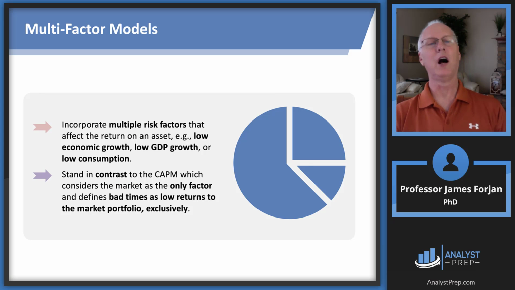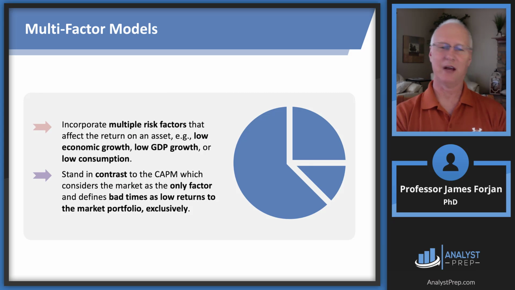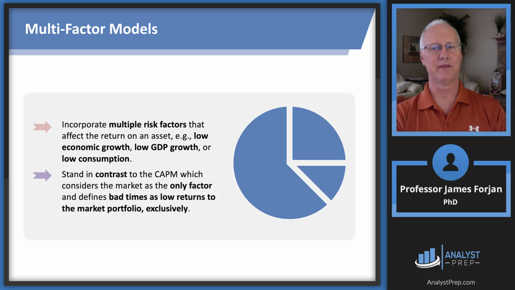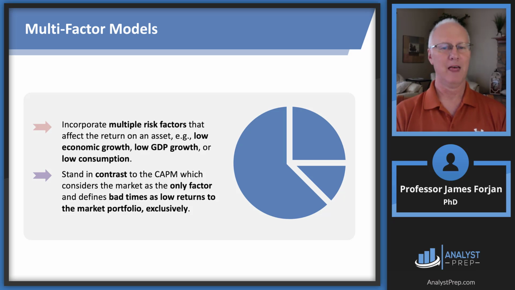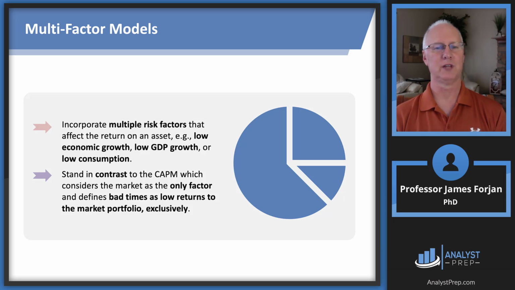All right, I really don't like hearing about the failures of the capital asset pricing model. I would like to refer to them as limitations, but of course, I'm not going to argue with this esteemed professor who wrote this chapter. So CAPM has some failures or limitations, however you want to view it.